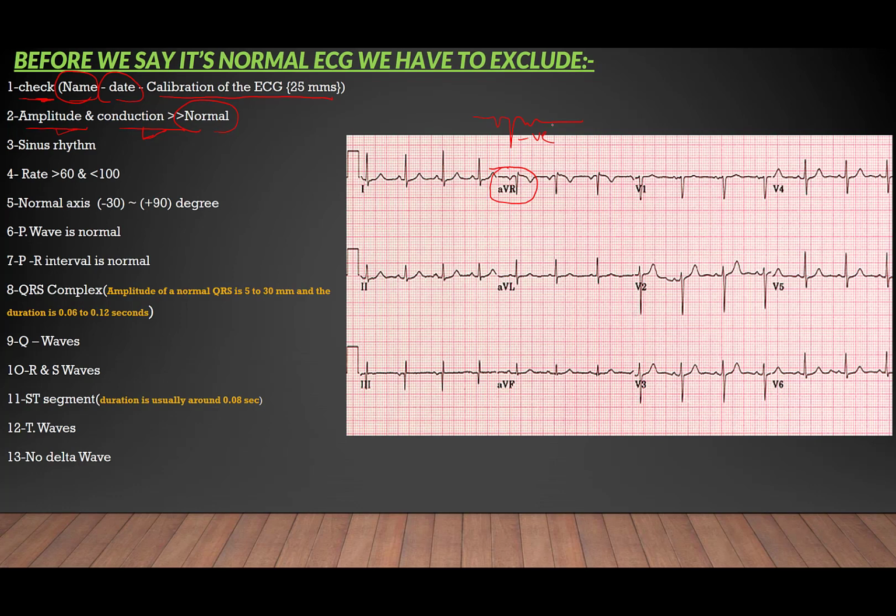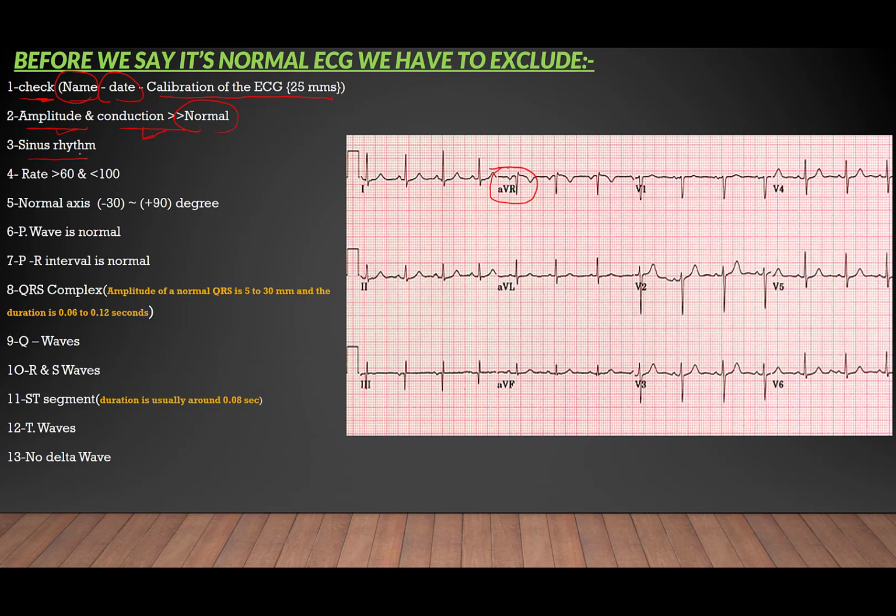After excluding that the conduction is abnormal, we jump to the sinus rhythm. It's important to know that sinus rhythm is any cardiac rhythm in which depolarization of the cardiac muscle begins at the sinus node, the SA node.